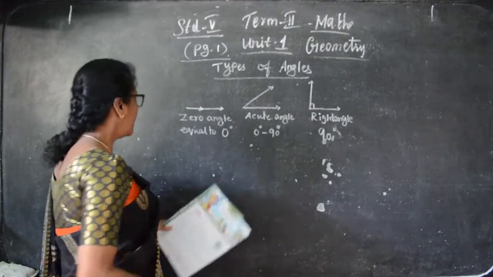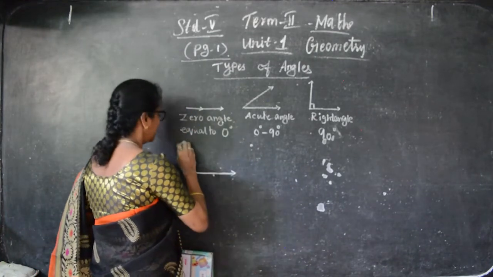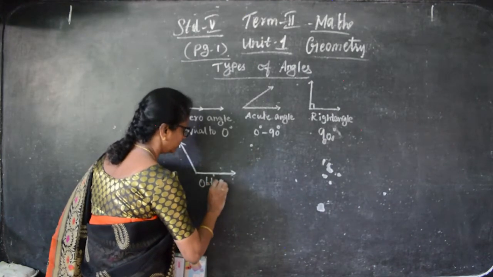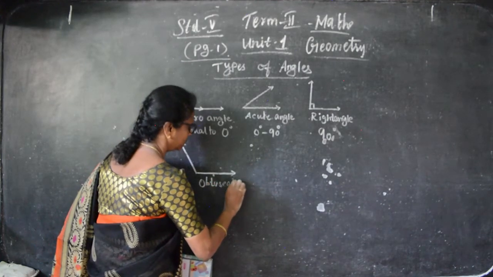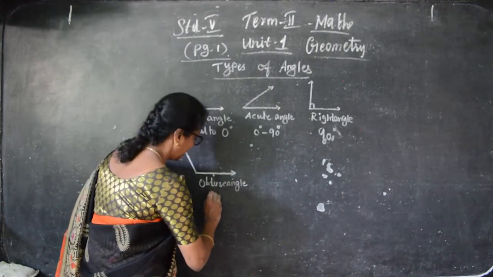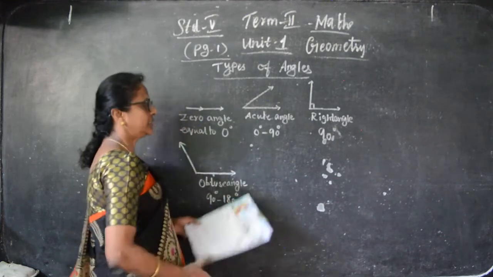Then obtuse angle, if the outer side is broad, this is called obtuse angle. Obtuse angle is between 90 degree and 180 degree. It doesn't come within 90 degree.